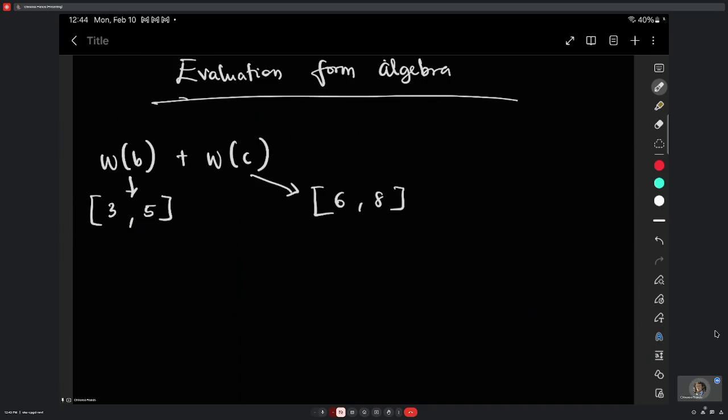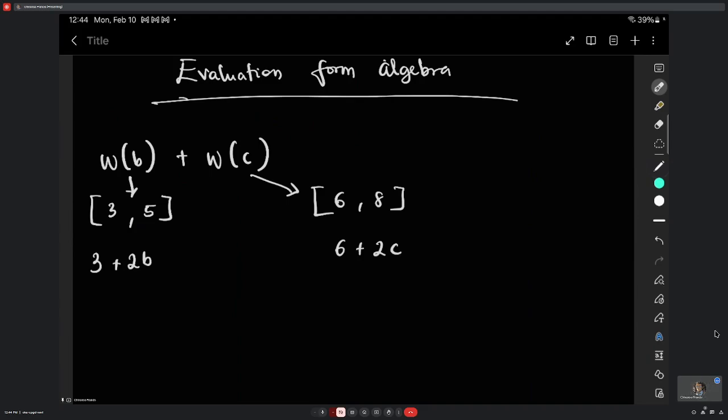So this in the coefficient form will be 3 plus 2x, and this in the coefficient form will be 6 plus still 2x. But the x here is b and the x here is c.